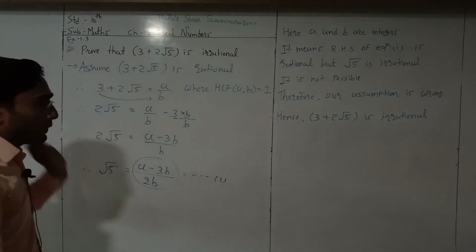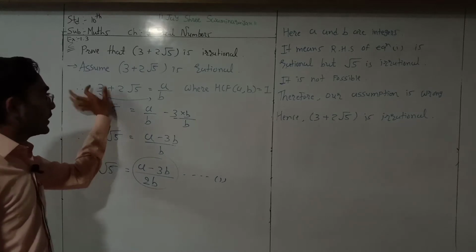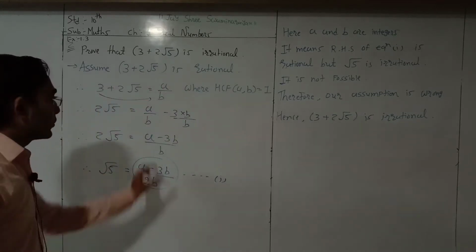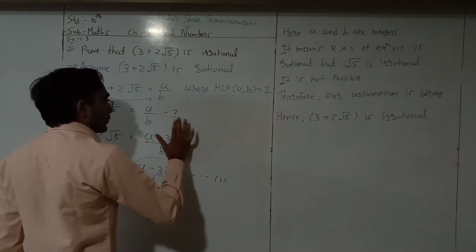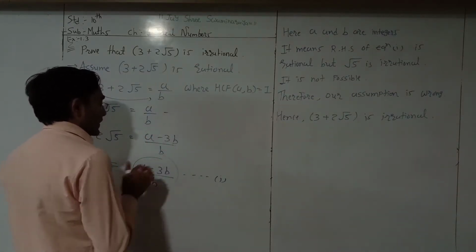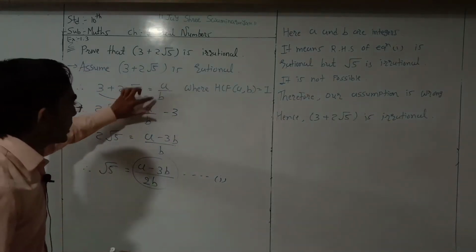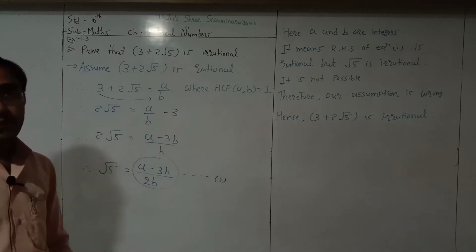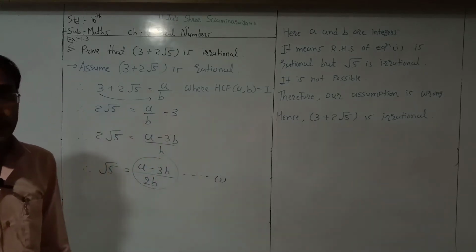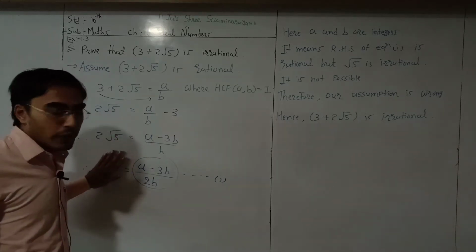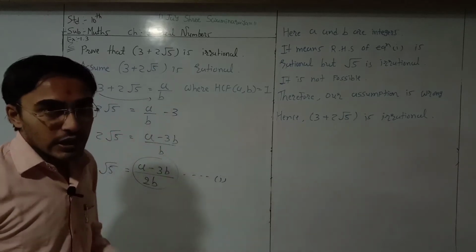So here 2 under root 5 as it is, a by b as it is. If we transfer this plus 3 to the right hand side, it becomes minus 3, right? So here a by b minus 3. After that we need to take LCM on the right hand side. First of all take LCM, so a by b minus 3.